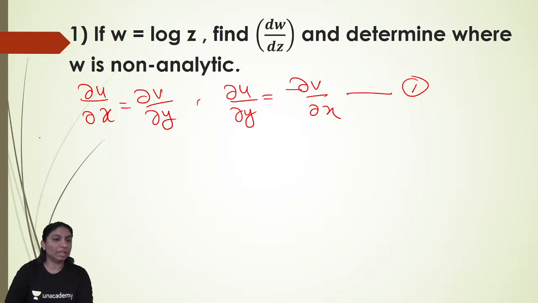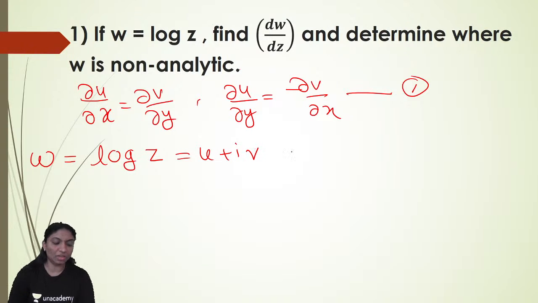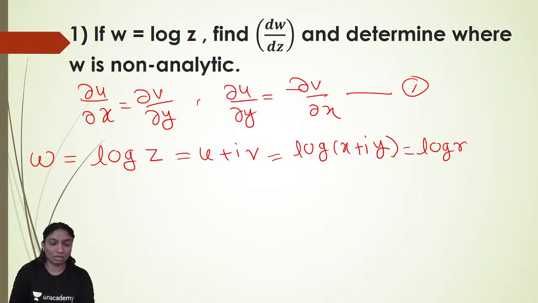So w is equal to log z, it means w is equal to u plus iv, which is equal to log of x plus iy, which is equal to log r plus i theta.